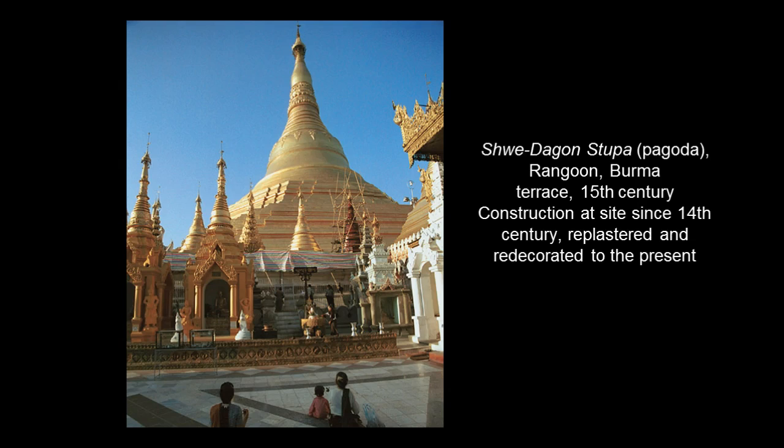The Shwe Dagon stupa is also similar to an Indian Buddhist stupa in its function as a reliquary for remains of the Buddha. Followers walk around the stupa rather than enter it, as was also customary for the original stupas in India. The Shwe Dagon stupa is also known as the Golden Stupa for obvious reasons.